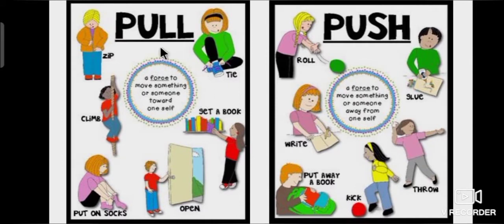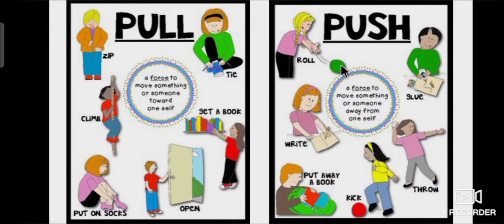Let's see some examples for pull and push. Pulling the zip in a shirt, tying the knot in a shoe, climbing the rope, taking a book from a shelf, opening the door and wearing socks are examples of pull.